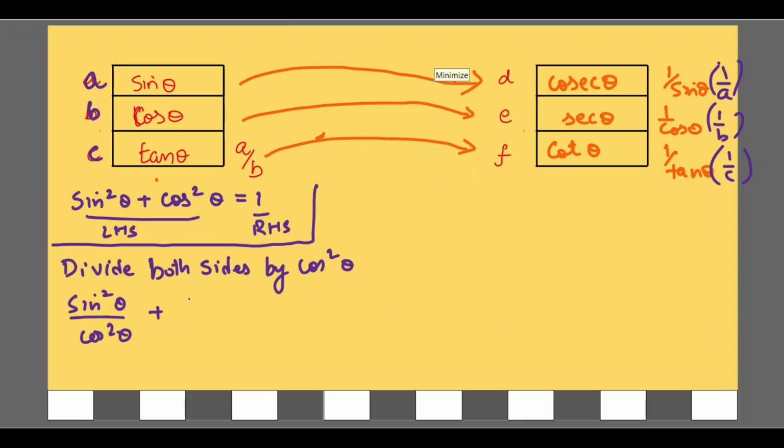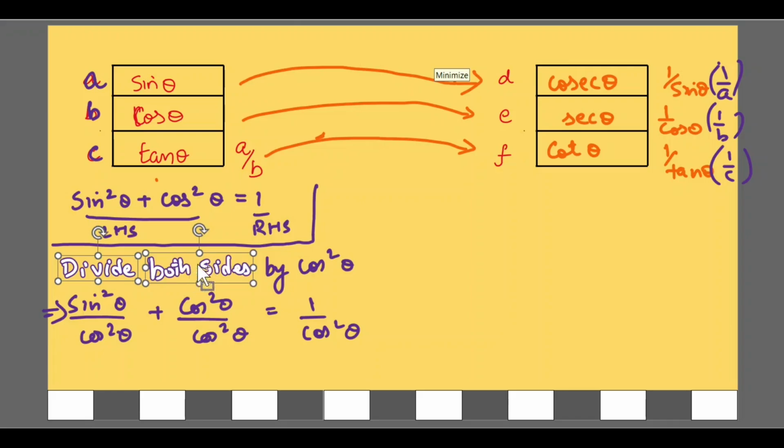Just for the fun of it, I'm doing this. Cos square theta divided by cos square theta is equal to 1 over cos square theta. Divide both sides. Let me use a different color.